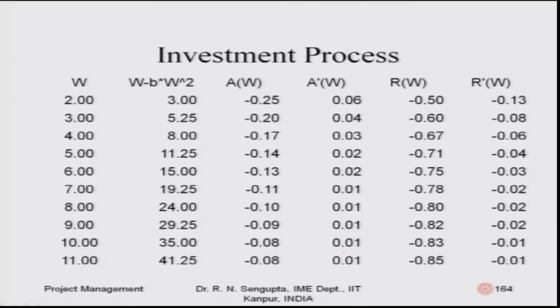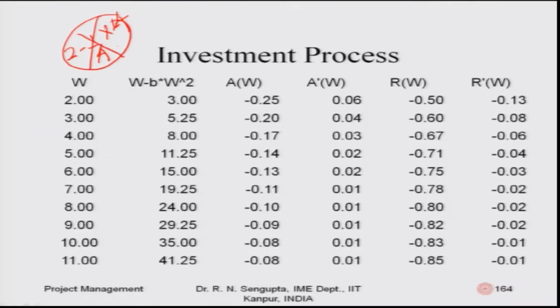So, what values of b I have considered, you can immediately find from here. If this value is 3, it means w is 2 minus some b value into w square, which is 4. So, 4 would become 1 if b is 1 by 4. Oh, sorry, my mistake. I have taken it as negative.